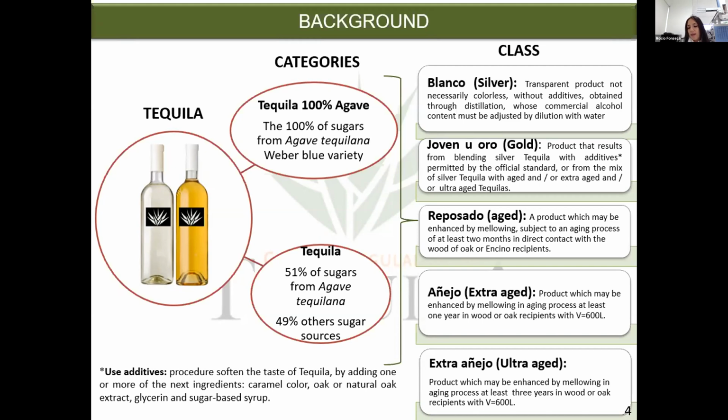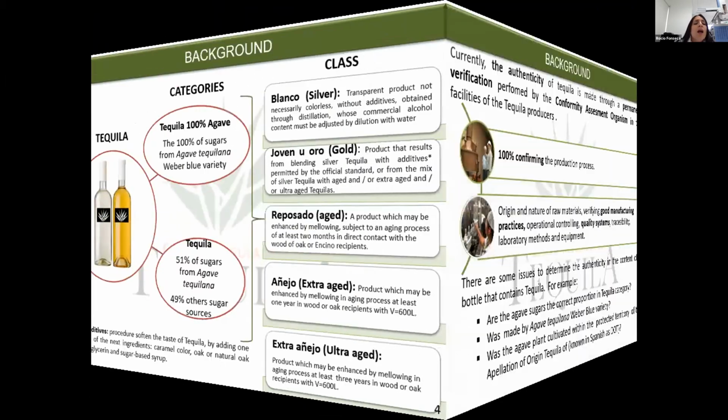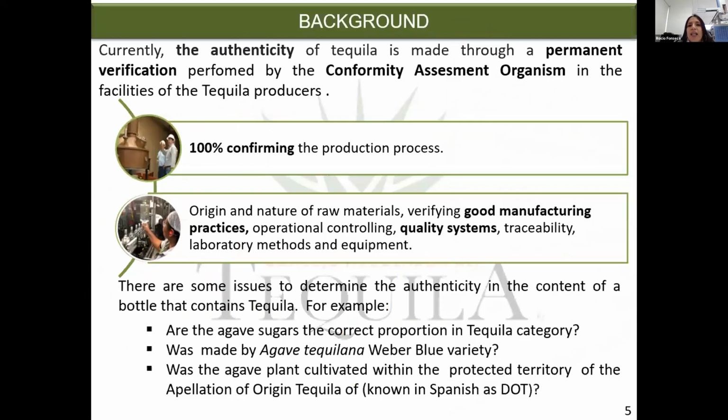Now, I want to talk about the authenticity. Currently, the authenticity of tequila is made through a permanent verification performed by the conformity assessment organism in the facilities of the tequila producers. This organism is the Tequila Regulatory Council, in Spanish, Consejo Regulador del Tequila, CRT by letters.